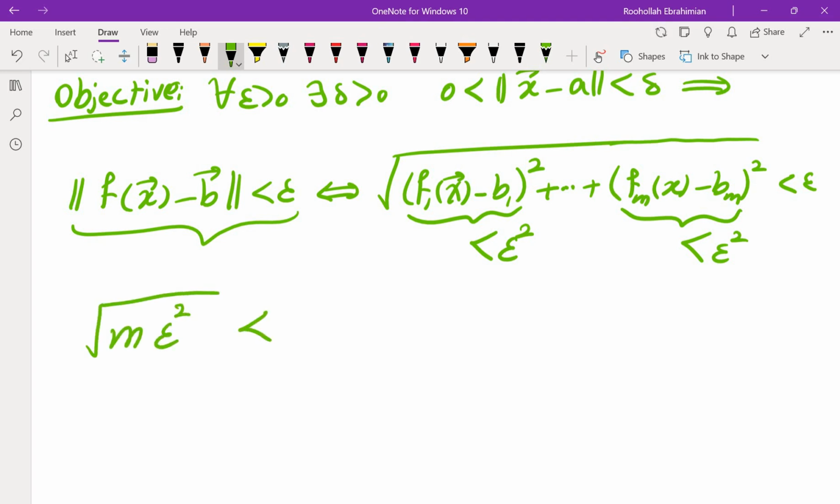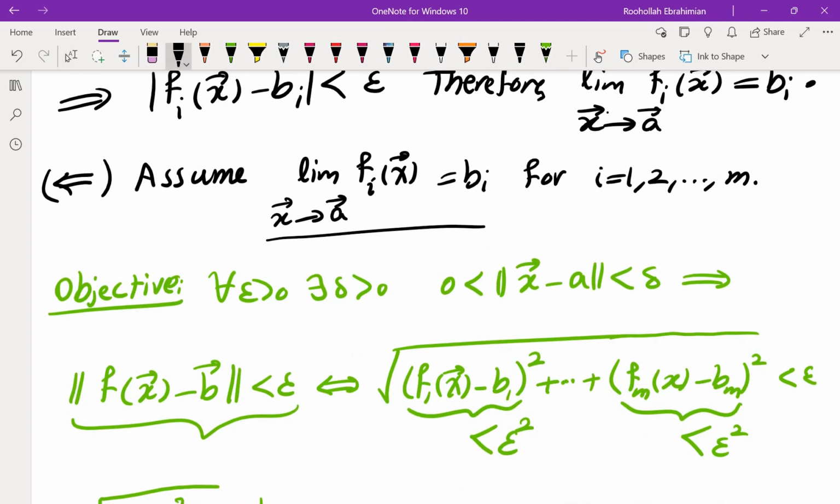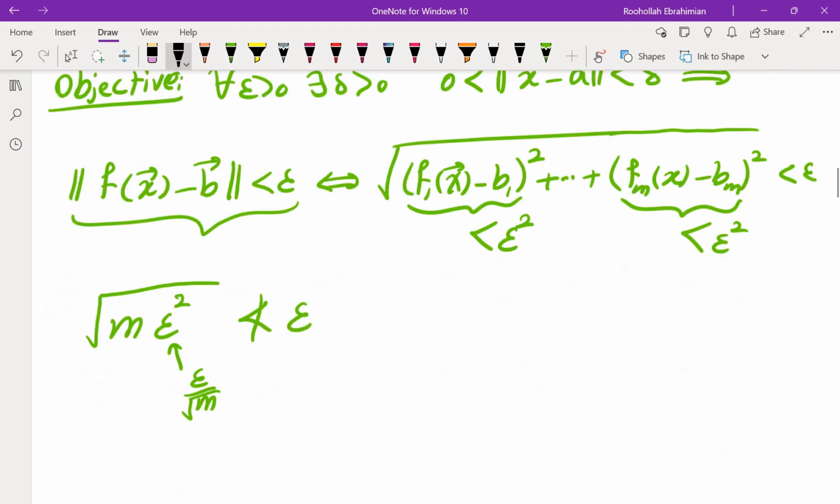But of course this is not less than epsilon. So I have to make some adjustments. If I replace epsilon here by epsilon over root m, then I would be able to get to epsilon. Okay, so what do we need to do now? We need to use the fact that fi of x approaches bi, and for each one of them, use epsilon over root m. So that's what we're going to do.